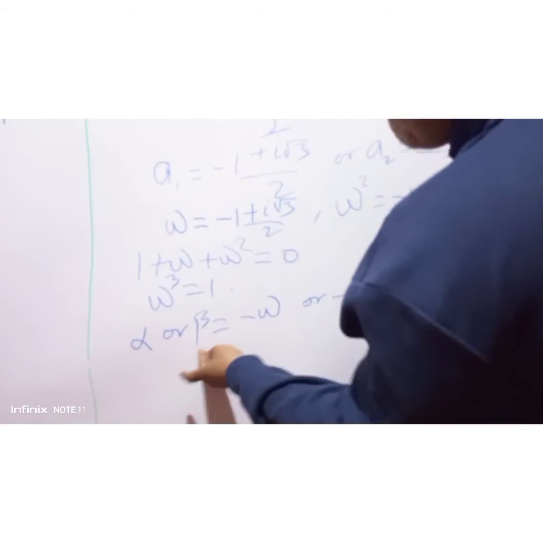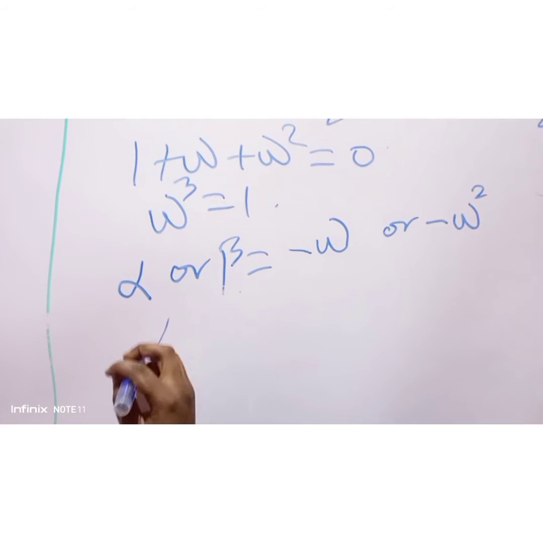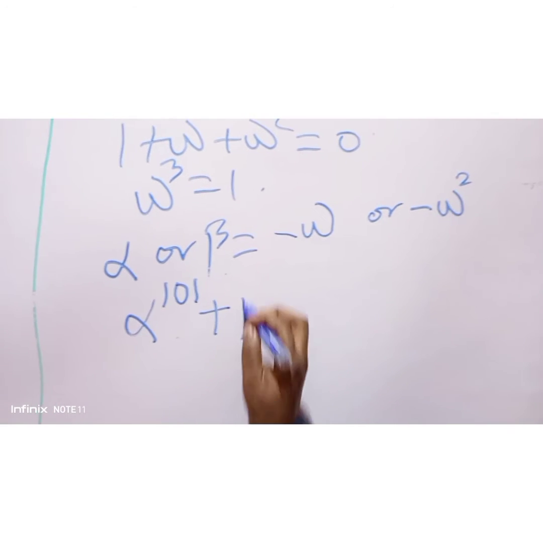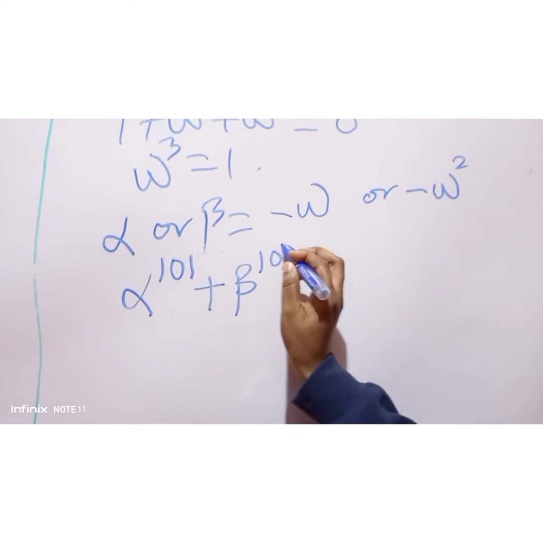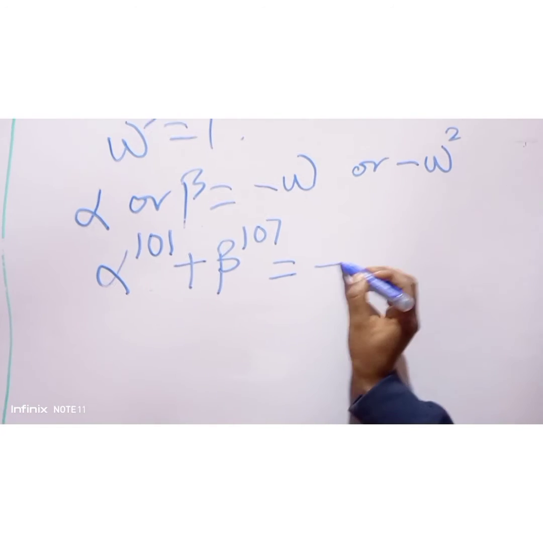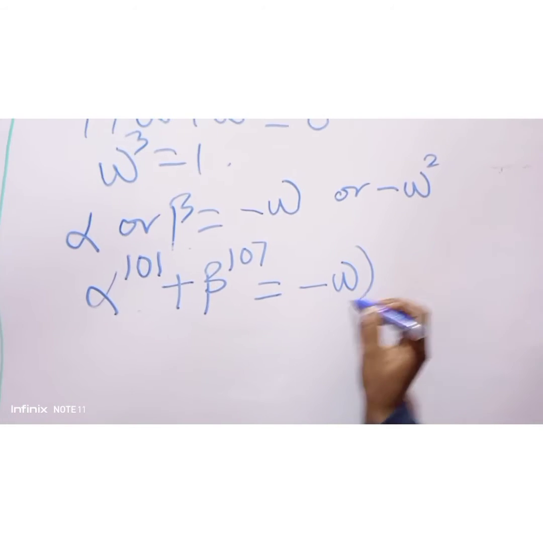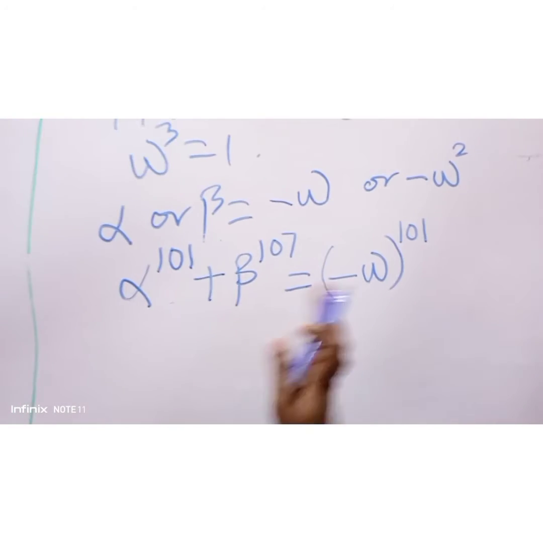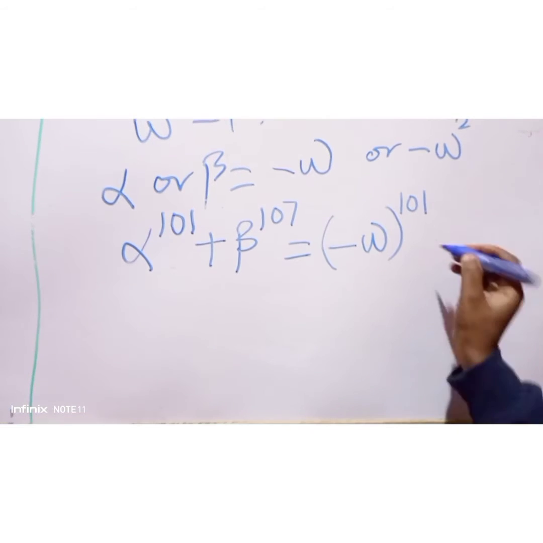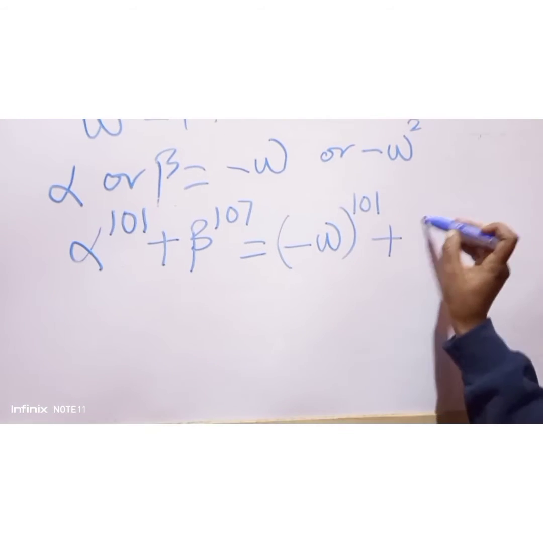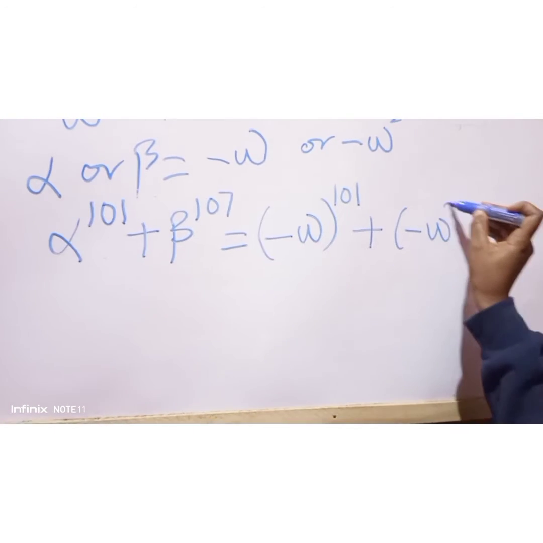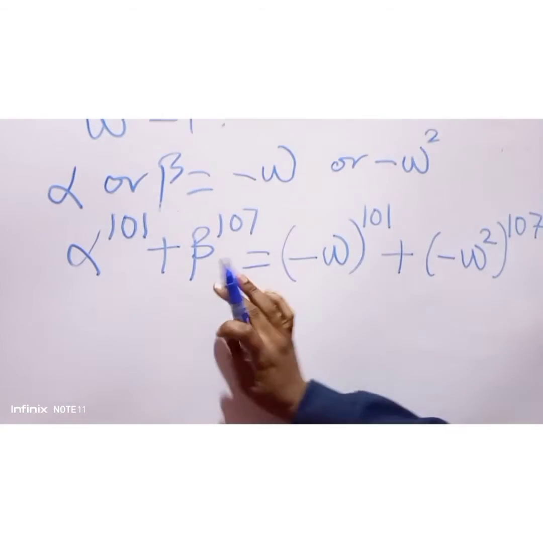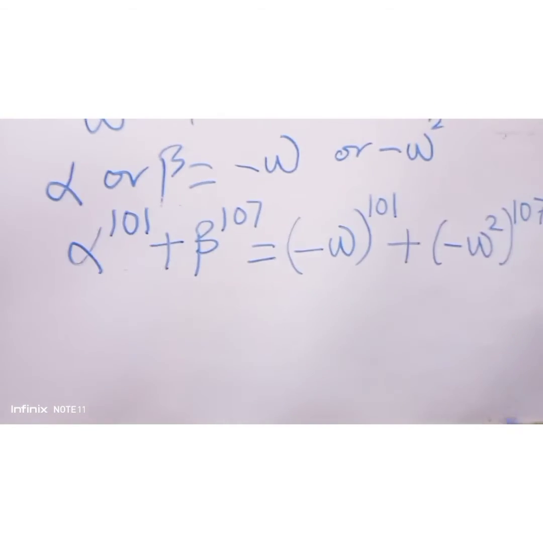That is, we want to use omega and omega squared to represent alpha and beta. Alpha raised to the power of 101 plus beta raised to the power of 107 becomes minus omega raised to the power of 101, I'm replacing alpha with minus omega, then plus minus omega squared raised to the power of 107. The same thing is applicable to beta as well.